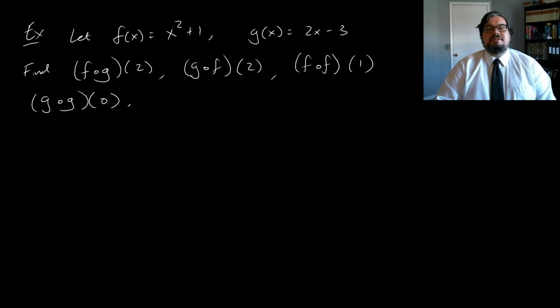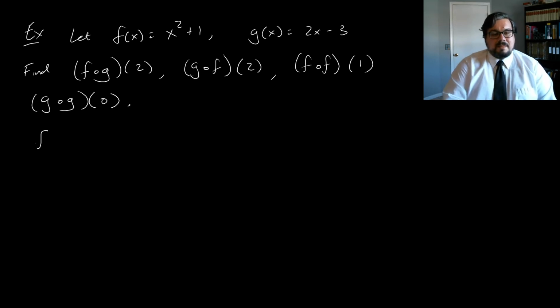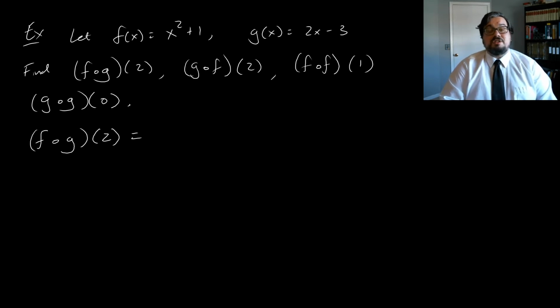So all of these evaluations are going to go basically the same way. If I want to know f composed with g of 2, the first one here, I'm going to use the definition. The function f composed with g of 2 precisely takes the input 2, first applies g to it, gets a number out of that, and then figures out what f of that number is.